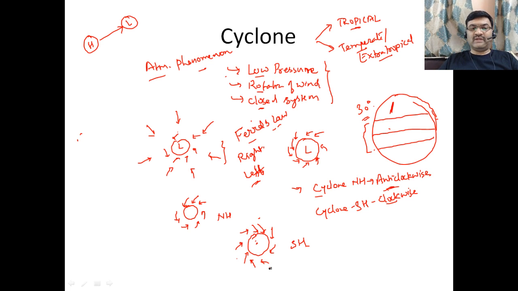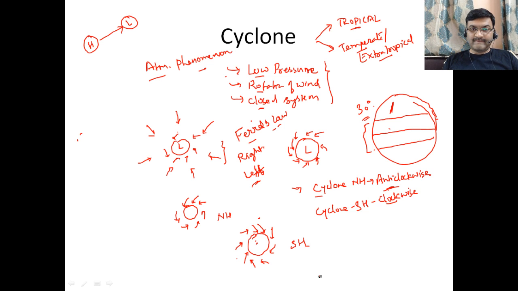If you understand how this Coriolis force varies, you will find that it is very less on the equator and goes on increasing towards the pole. Highest deflection of the wind will be there in the polar region, and Coriolis force is almost absent in the equatorial region. Getting now?